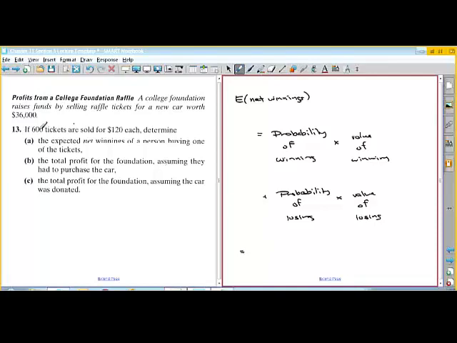So the probability of winning, well, there's 600 tickets. There's one winner. So the probability of winning is just the number of winners divided by the total number of tickets sold. So that's the first thing, probability. The value of winning is you get a car.